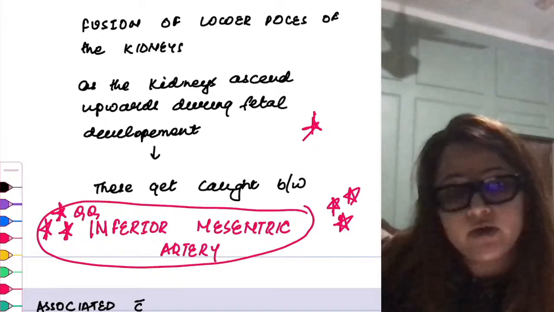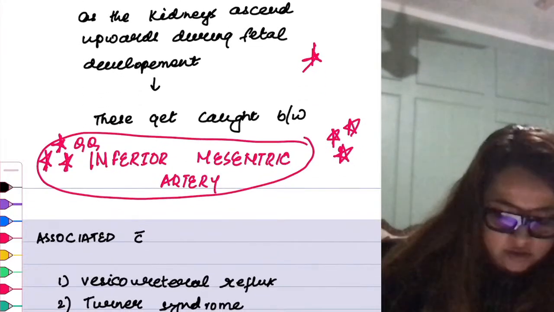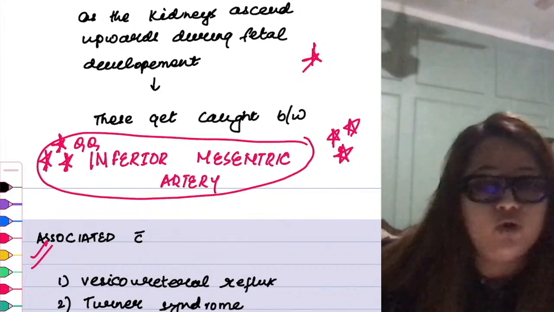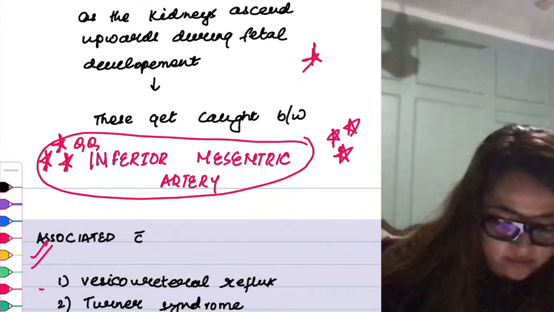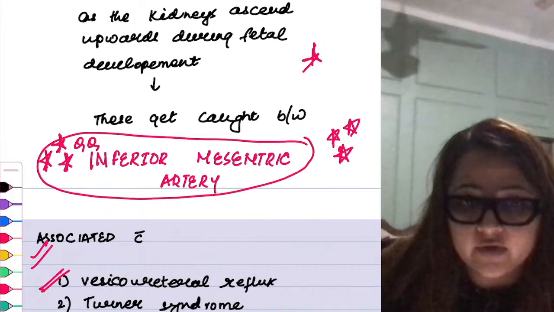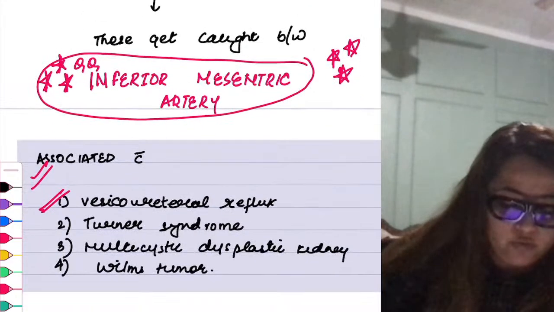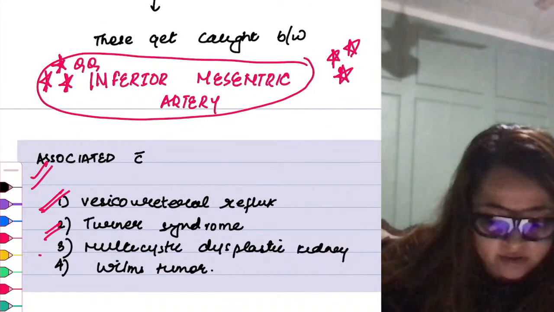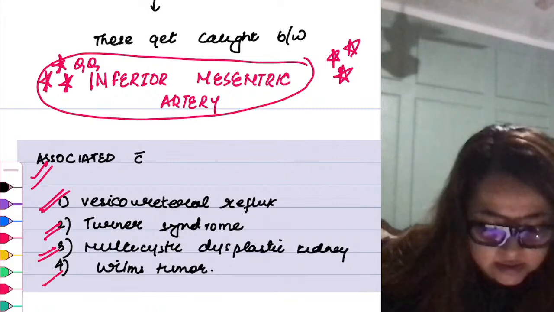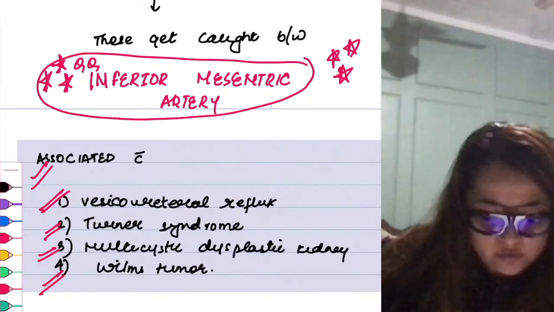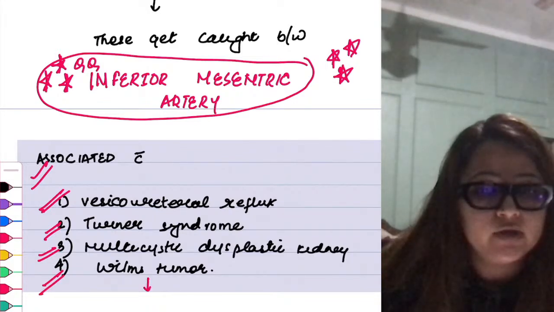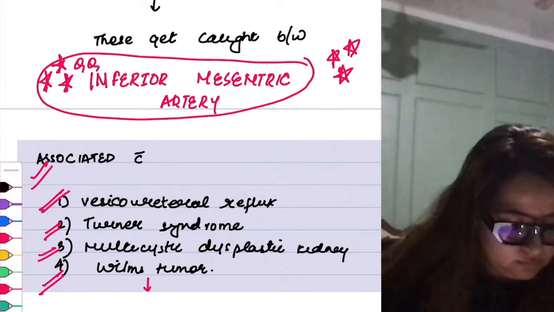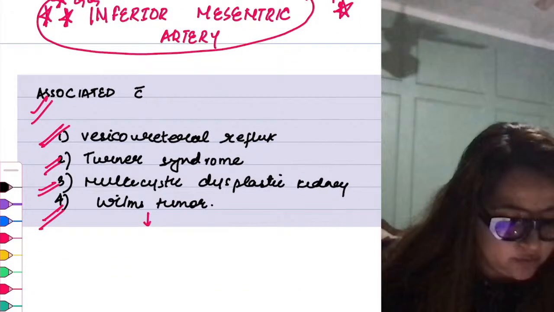The next high yield point regarding horseshoe kidney: what are the associations of horseshoe kidney? Horseshoe kidney is associated with, number one, vesicoureteral reflux. Number two, Turner syndrome. Number three, multicystic dysplastic kidney. And the last one is Wilms tumor. Which chromosomal involvement could be seen in Wilms tumor?